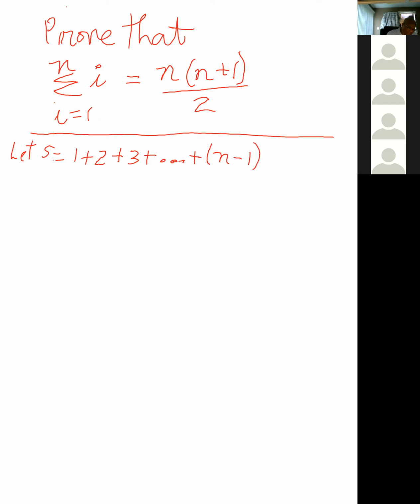And the last term is going to be equal to n.